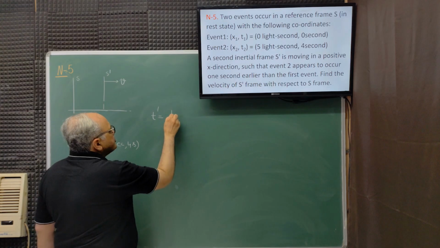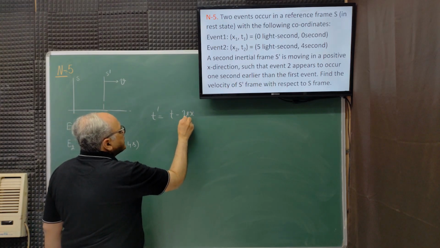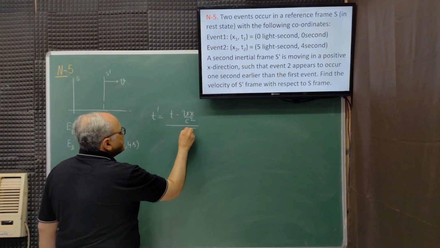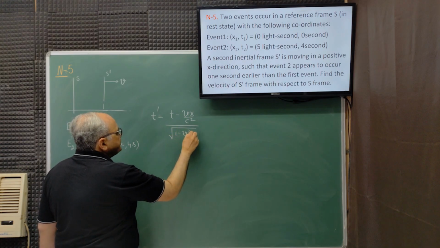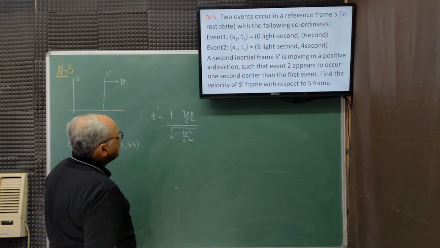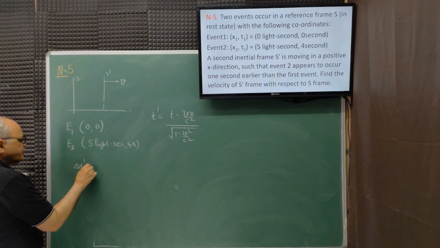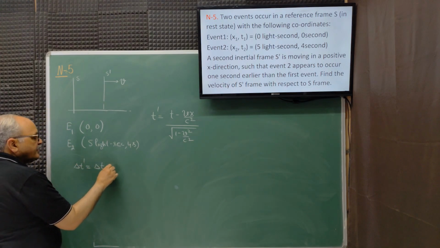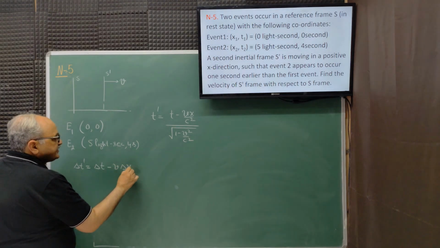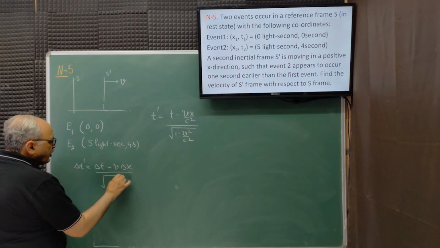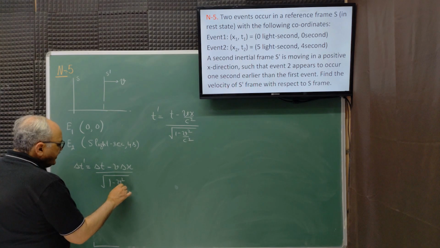So let's take the Lorentz transformation equation for time, and take the difference of this. That is, delta t dash equals delta t minus v delta x divided by the square root of 1 minus v square by c square.